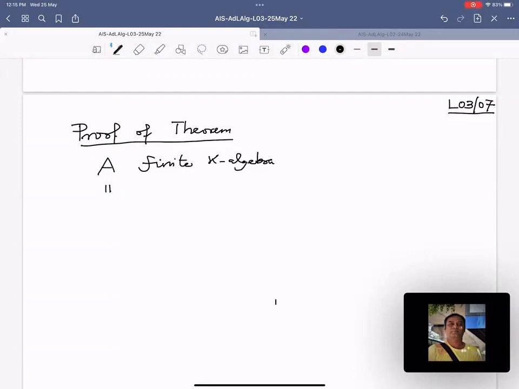What does decomposing into local components mean? You see this algebra A is finite dimensional.